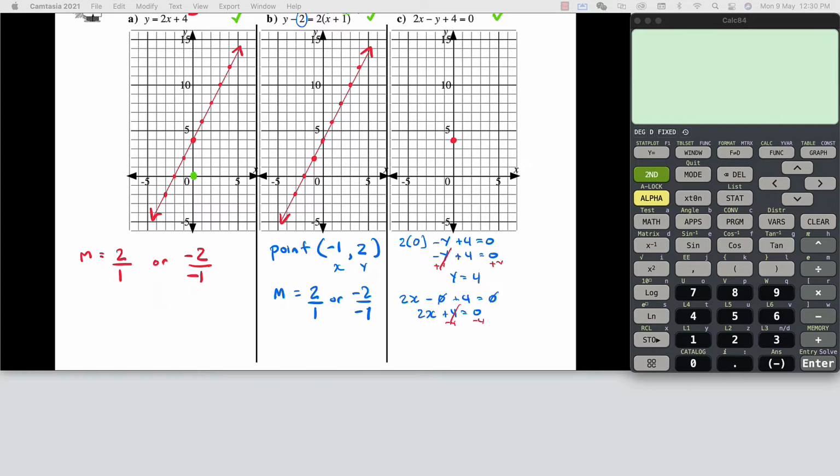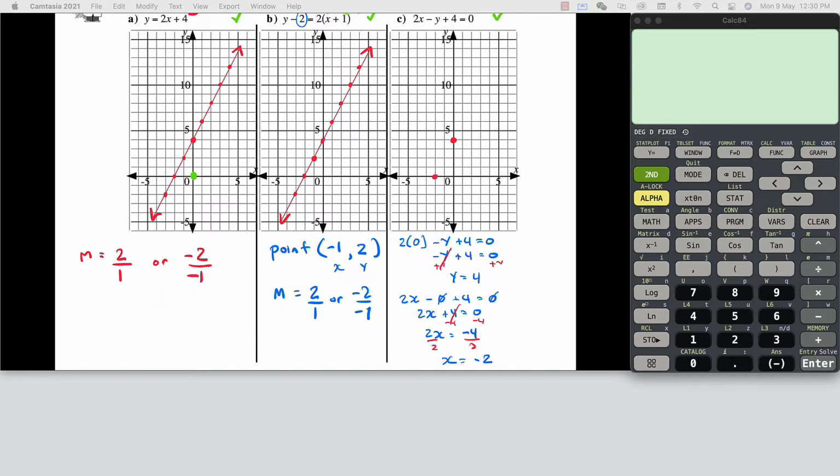That eliminates the 4 on the left. And now I'm down to 2x equals -4. Then I'm going to divide both sides by 2. And I end up with x equals -2. So that's my x-intercept at -2.